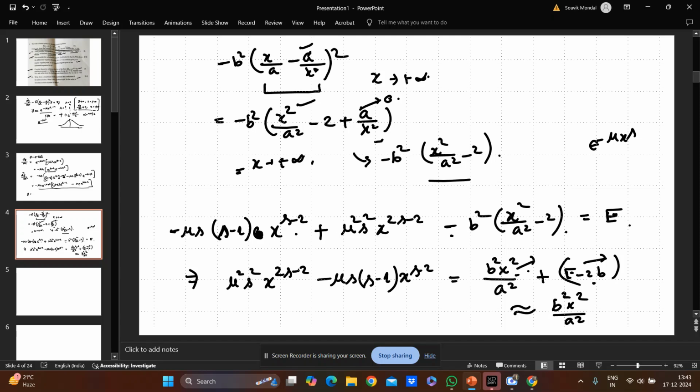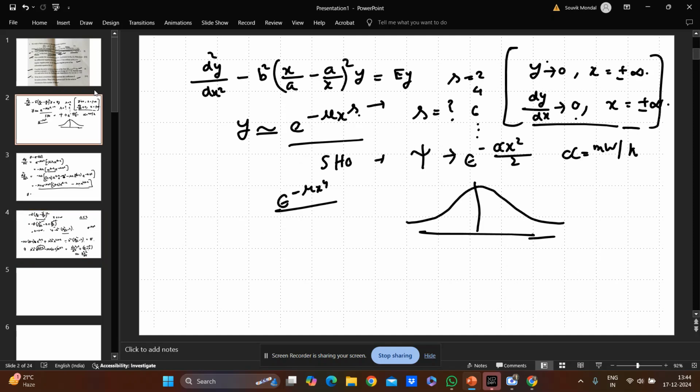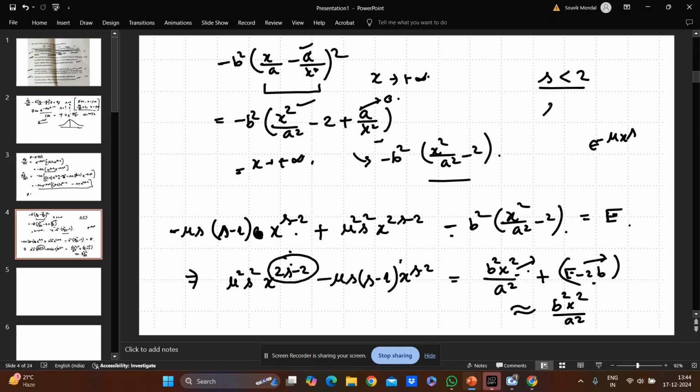Now compare these two terms. Which term has the more diverging value? λ−2 is surely less than 2λ−2, so the power of this term is more. If λ were less than 2, then this would be a different case, but I already mentioned that λ cannot be less than 2. λ should be greater than 2, like 2, 4, 6, even numbers. If λ is greater than 2, then 2λ−2 is greater than λ−2.